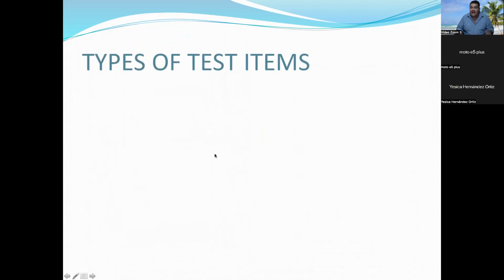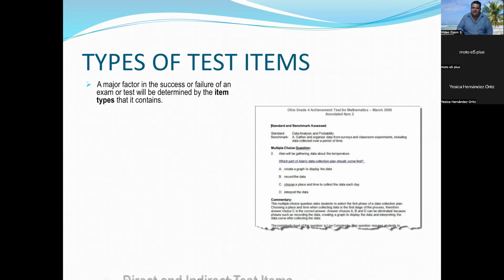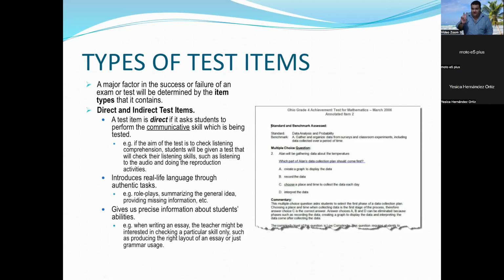So now let's see the types of test items. A major factor in the success or failure of an exam or test will be determined by the items that it contains. We have several, but the 2 more important items in an exam are the direct and indirect test items.